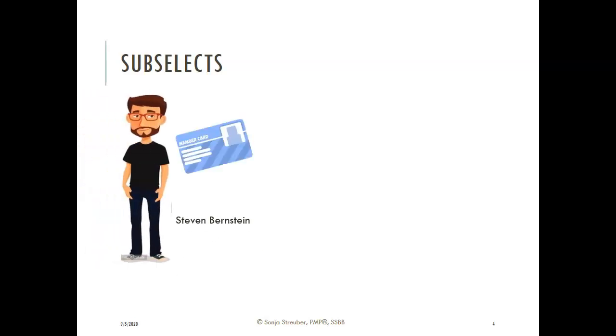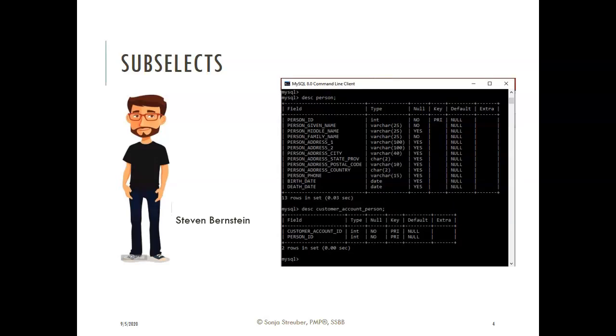Steven normally has a membership card, but he lost it, and he cannot for the life of him remember what his customer account number was. So we take a look at our database. We know that we have all the information about our customers in our person table. And in our person table, all we can find is a person ID, but no customer account number.